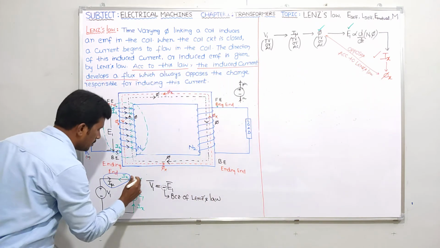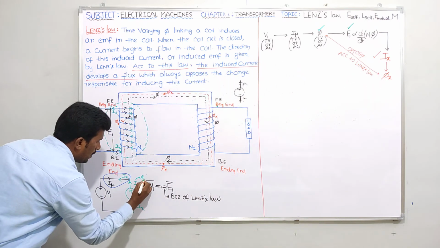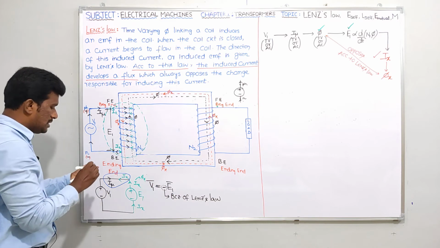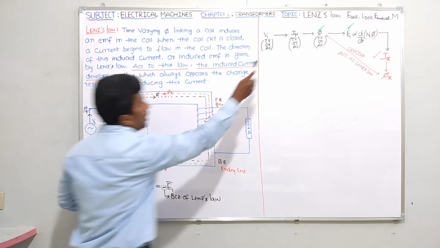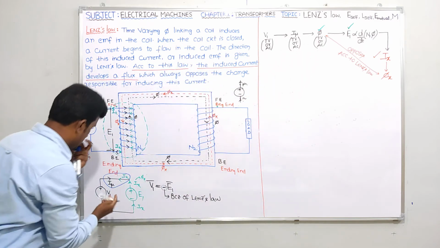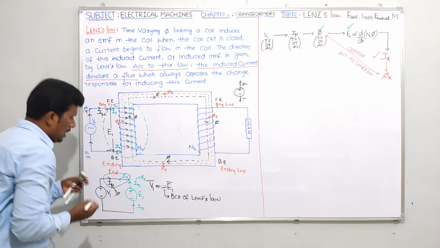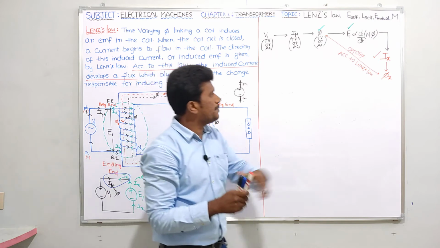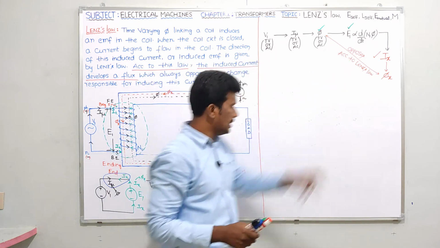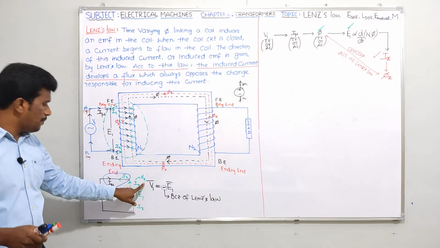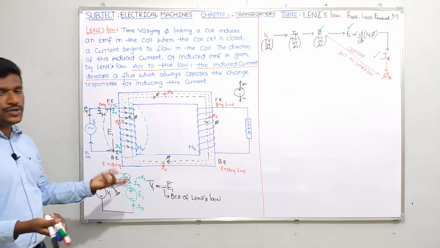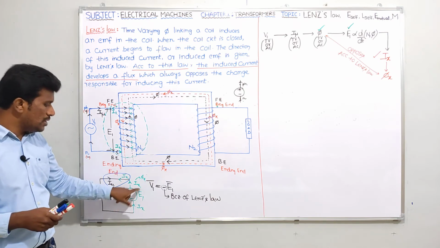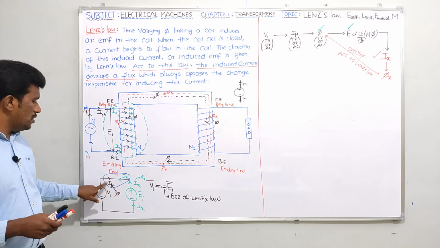Phi. According to Lenz's law, this phi x will oppose this phi. Nothing but phi x opposing phi, or Ix opposing I mu. Because of Ix only you are getting this phi x, because of I mu only you are getting this phi.